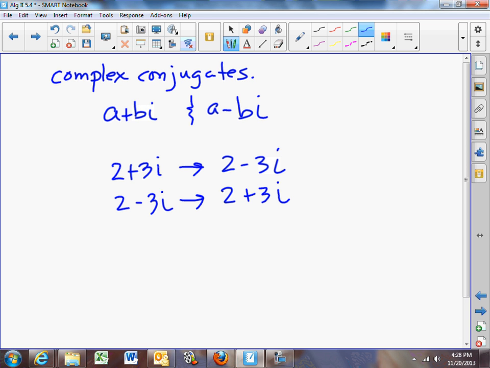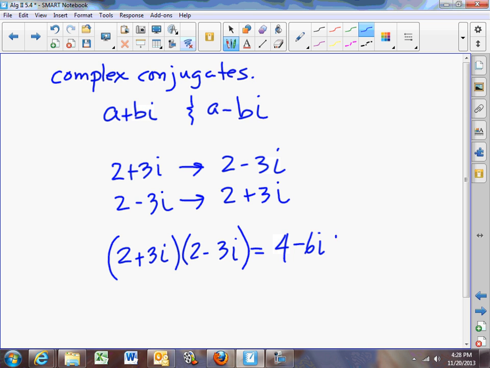Now, if you multiply complex conjugates together, you will get a real number. In other words, 2 plus 3i times 2 minus 3i. When you FOIL this out, you get 2 times 2, which is 4, 2 times negative 3i, which is negative 6i, 3i times 2, which is positive 6i, and 3i times negative 3i, which is negative 9i squared.